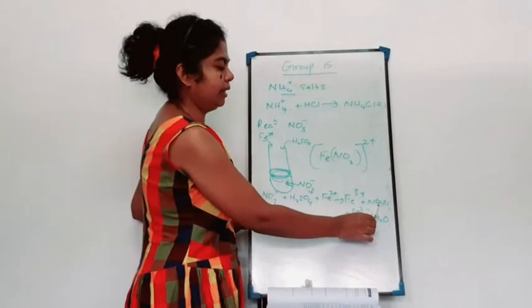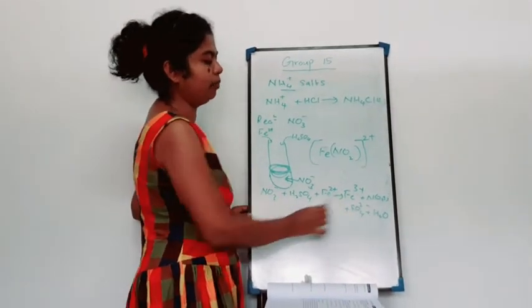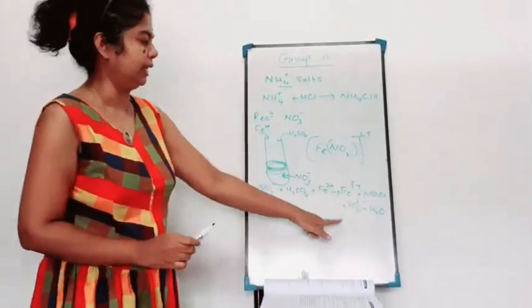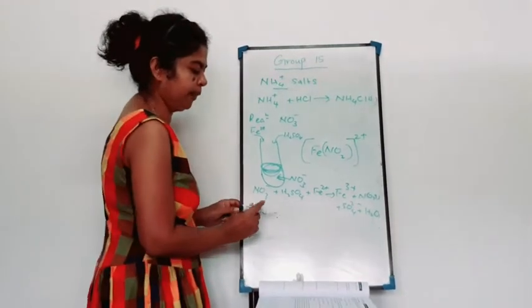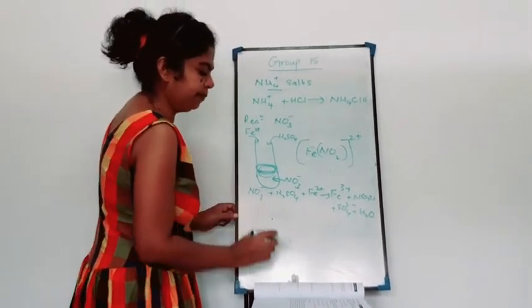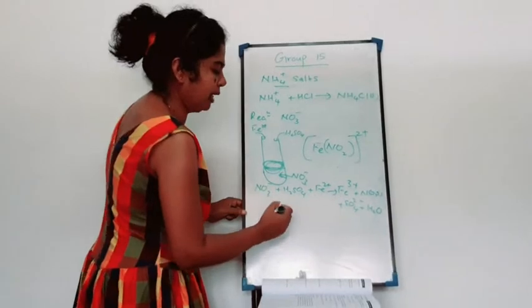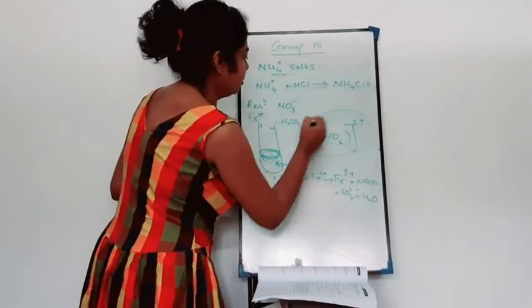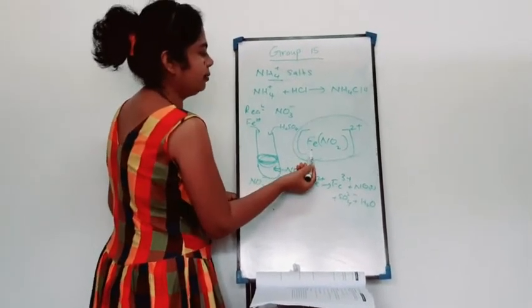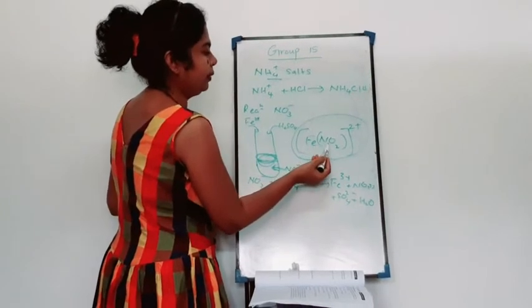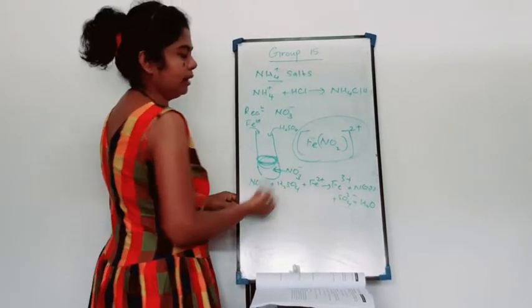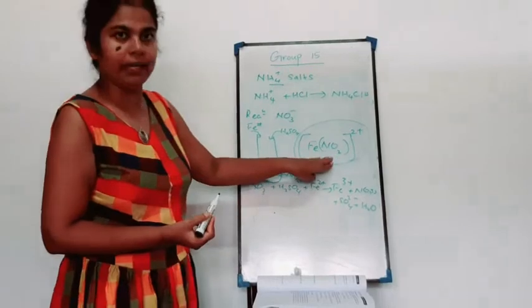Then the brown color is given by the compound [Fe(NO)]2+. This is a complex ion.